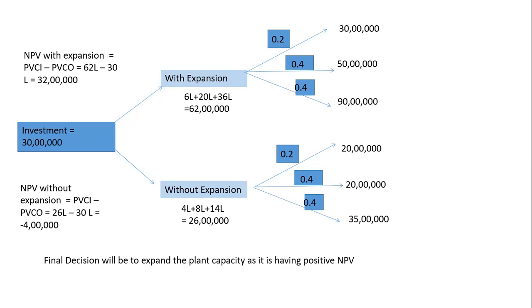So you will find NPV is positive with the expansion plan, 32 lakhs positive figure. And NPV is negative if you are not doing any expansion.